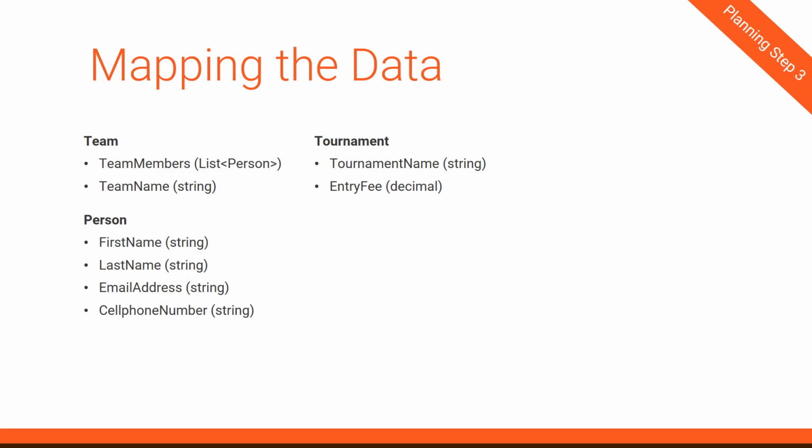And that's something else to point out. We'll get into more of the C# after we're actually inside Visual Studio. But for now, I just want to point out that because this is money, this entry fee, we should store it in type decimal, not double. On the surface, these two data types look very, very similar, decimal and double. They both store numbers that have a decimal point in them. The difference is precision.